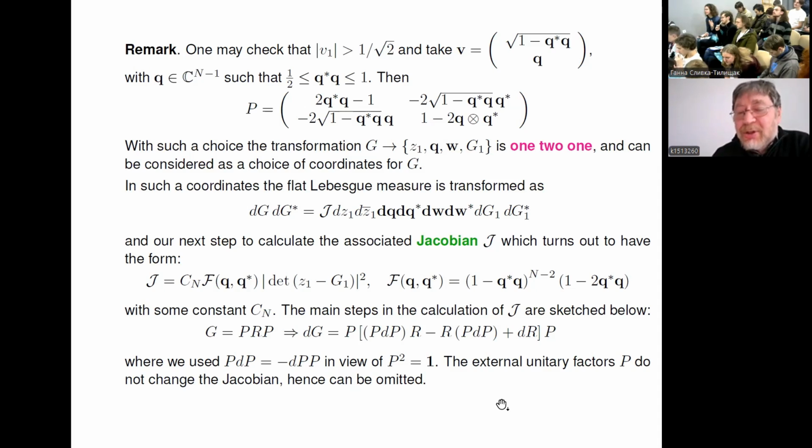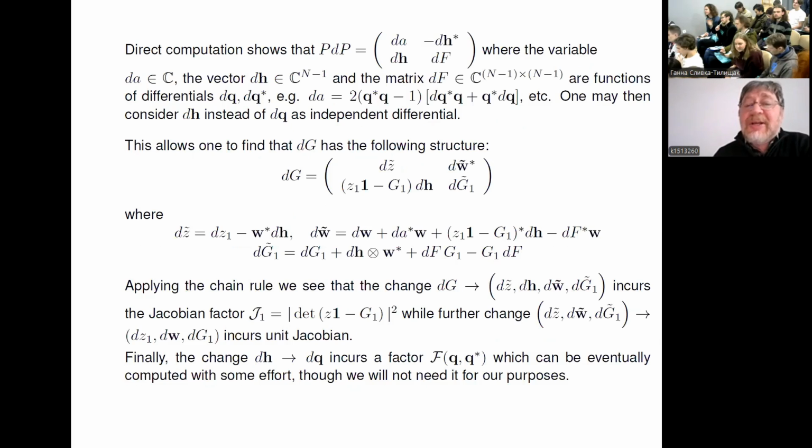What will be the induced Jacobian? This is the main technical question.